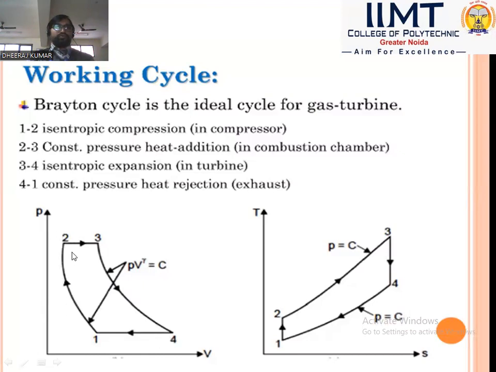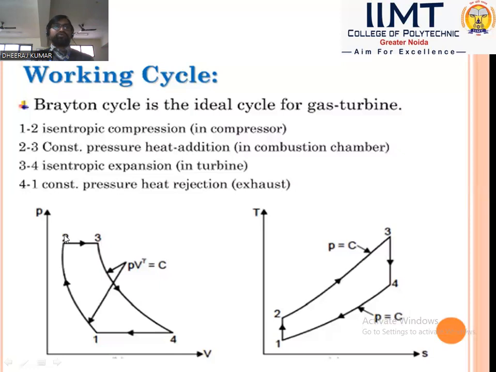Process 1 to 2 is a reversible adiabatic compression process. So T2 upon T1 is equal to (P2 upon P1) to the power (gamma minus 1) upon gamma. P2 upon P1 is written as RP, where RP is the pressure ratio.